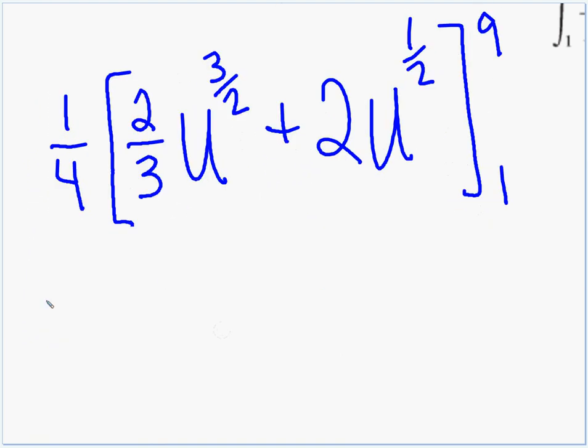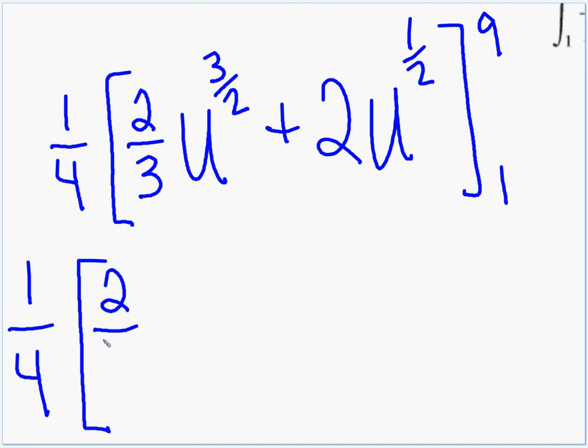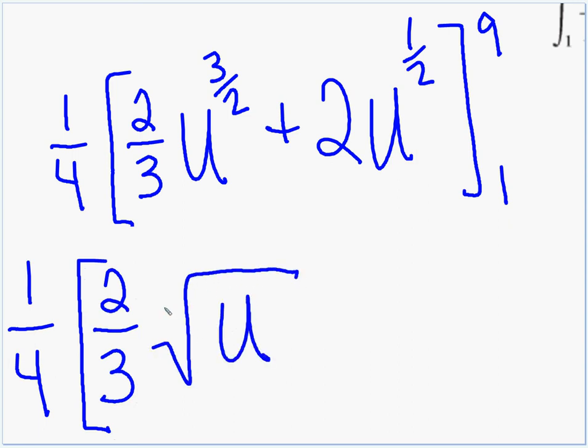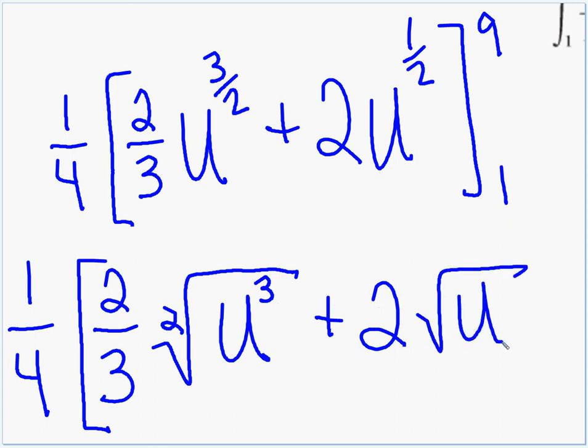So here we've got a 2/3, and then u to the 3/2 is going to be the square root of u, to the 3rd power. And then here we're going to have 2 times the square root of u to the 1st. Oops, and I forgot, we're going to go 1 to 9 on that.